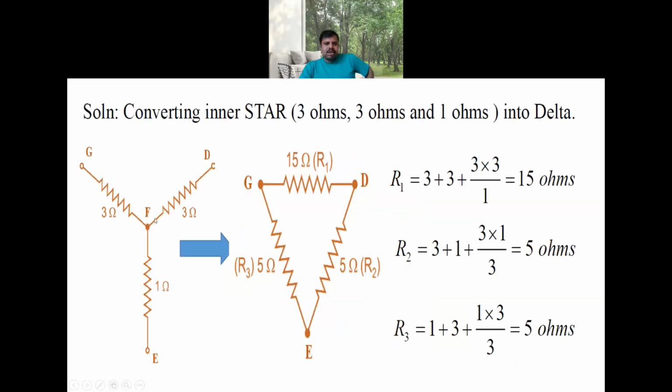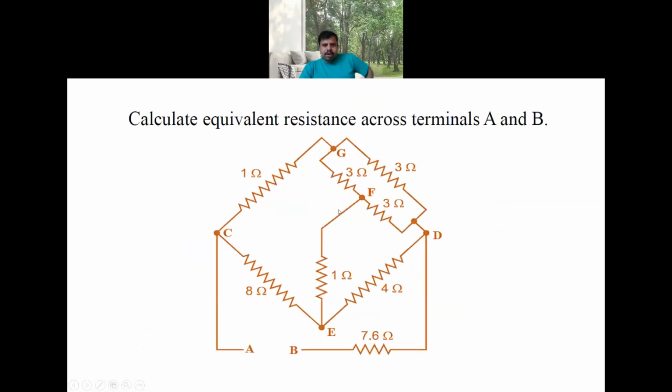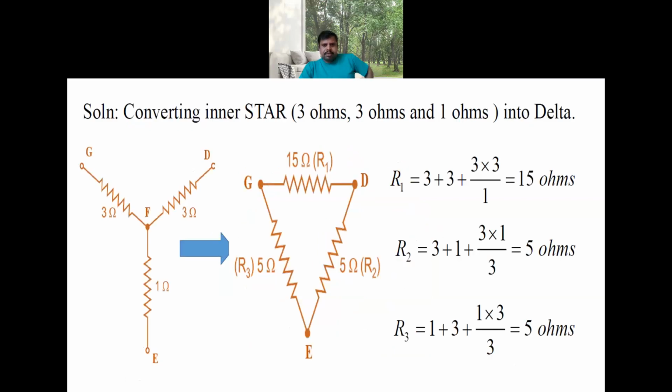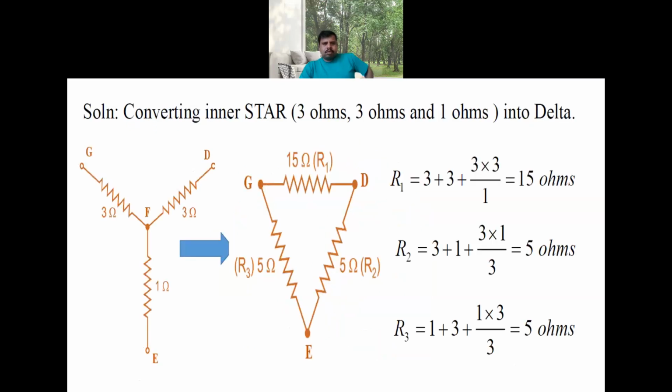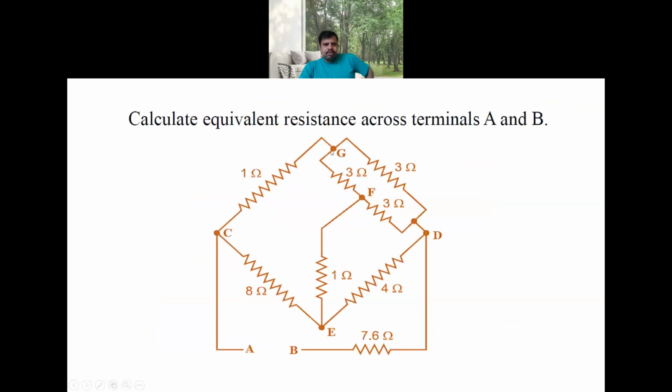If you consider the points between GDE, so you will have 3 ohms, and E, F is in the middle.